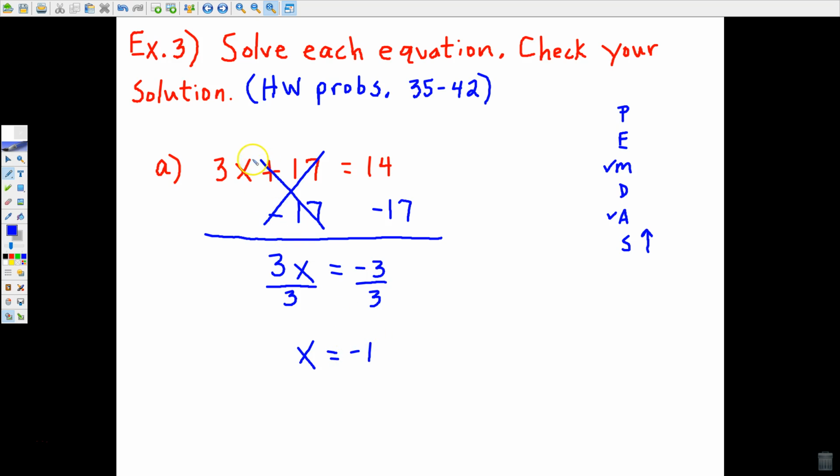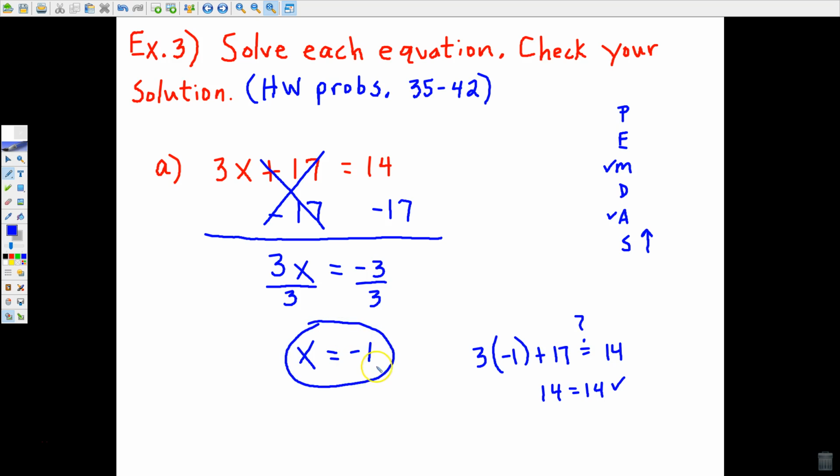Checking it means that you're going to come back into the original problem and substitute, in this case, -1 for x, and you want to see if you get a true statement. Does the left side equal the right side when I substitute -1 for x? Well, obviously it does, and so I'm confident now that -1 is my solution.